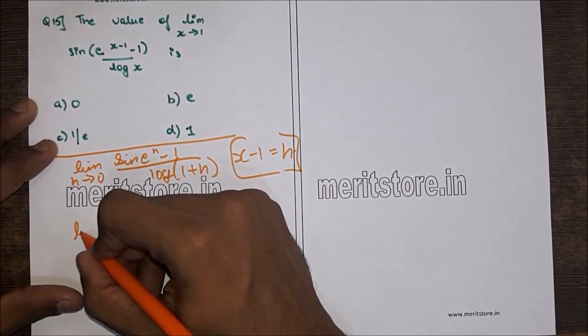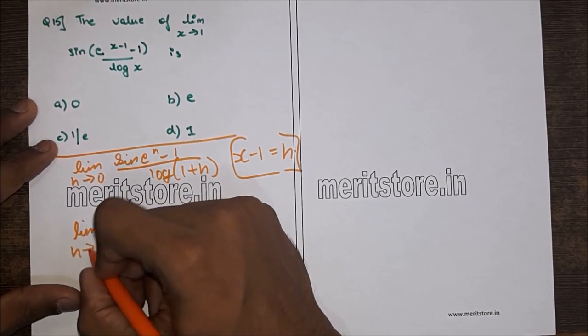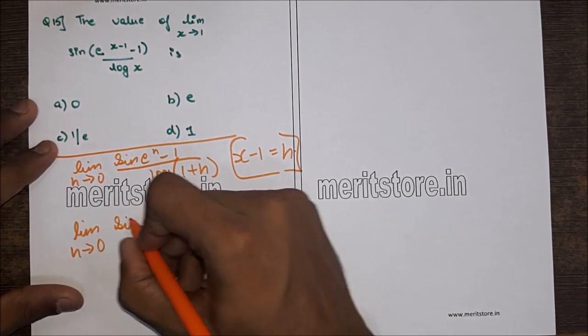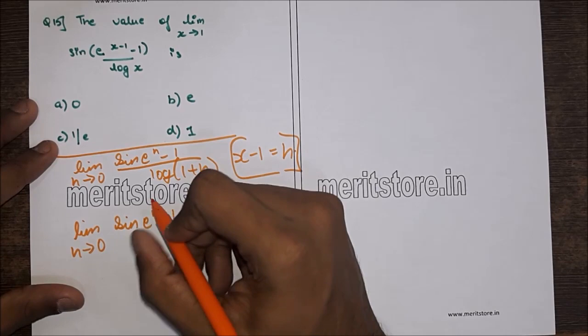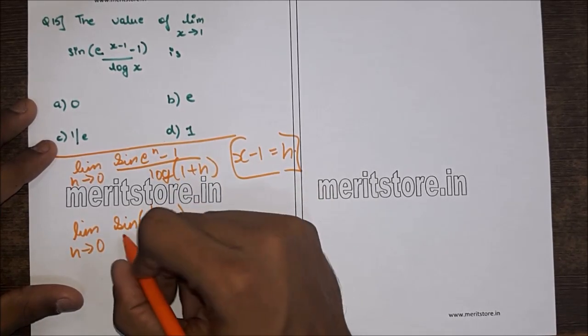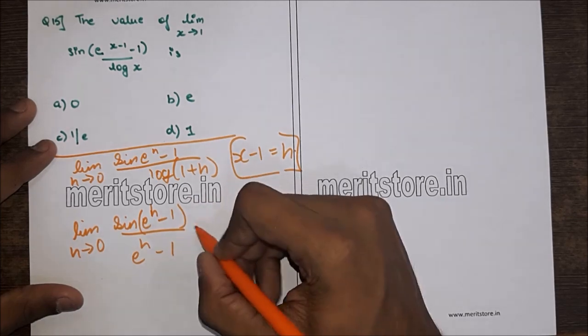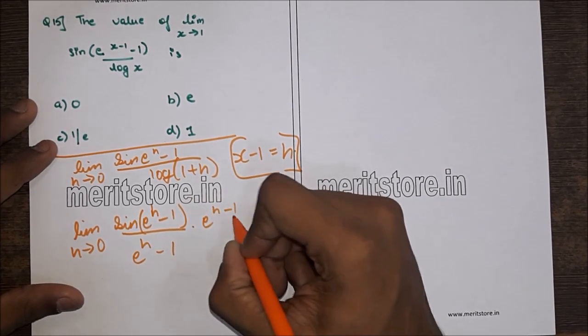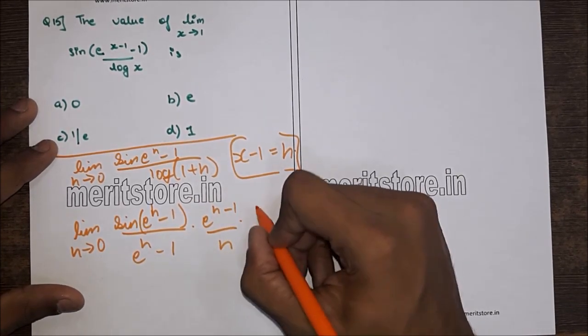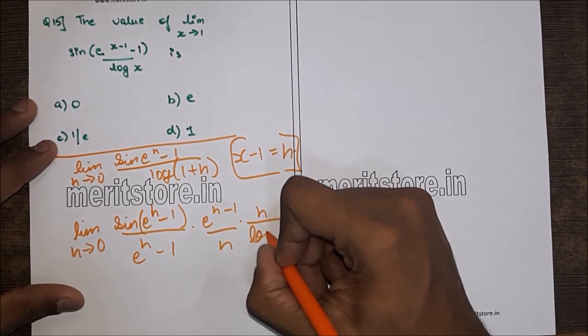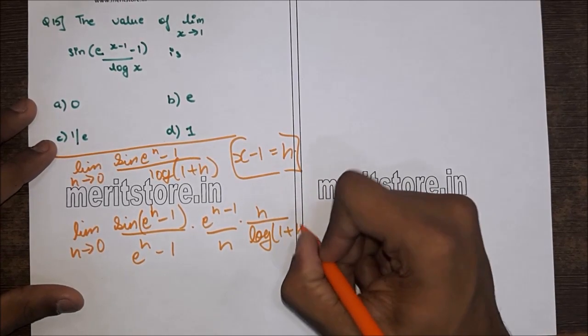Next we write limit of h tends to 0, sin of (e raised to h minus 1) upon (e raised to h minus 1), into (e raised to h minus 1) by h, into h upon log of (1 plus h).